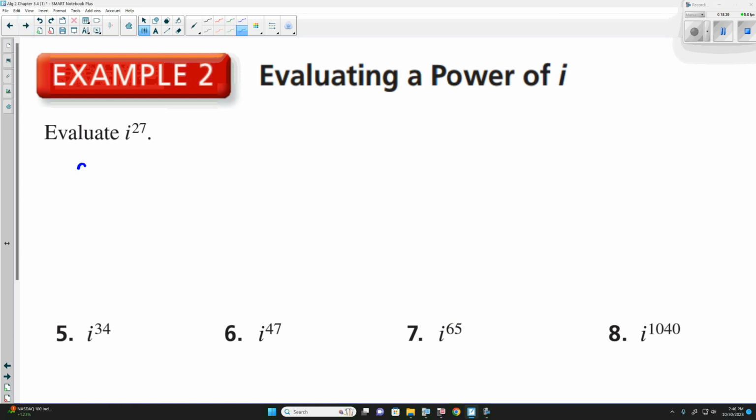Well, we would take 27 and divide it by 4. Either one works. So we have 6.75, yes? We're not focused on the 6, we're focused on the 0.75.